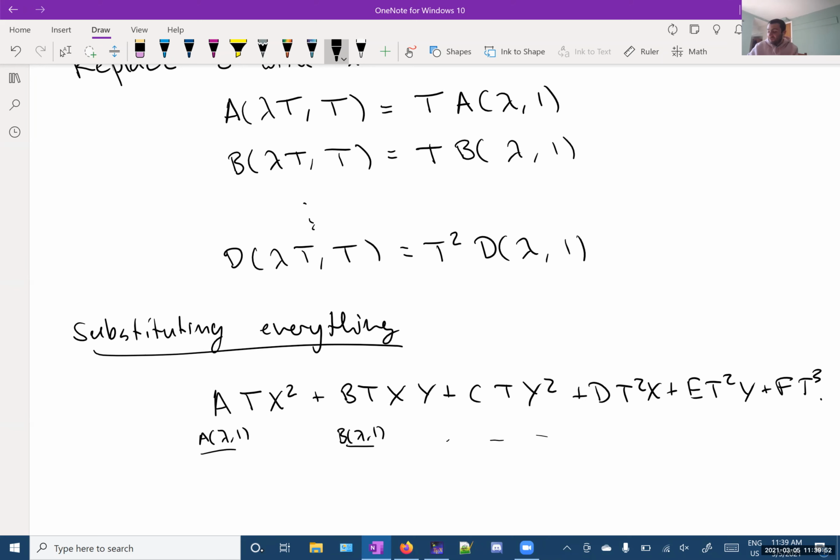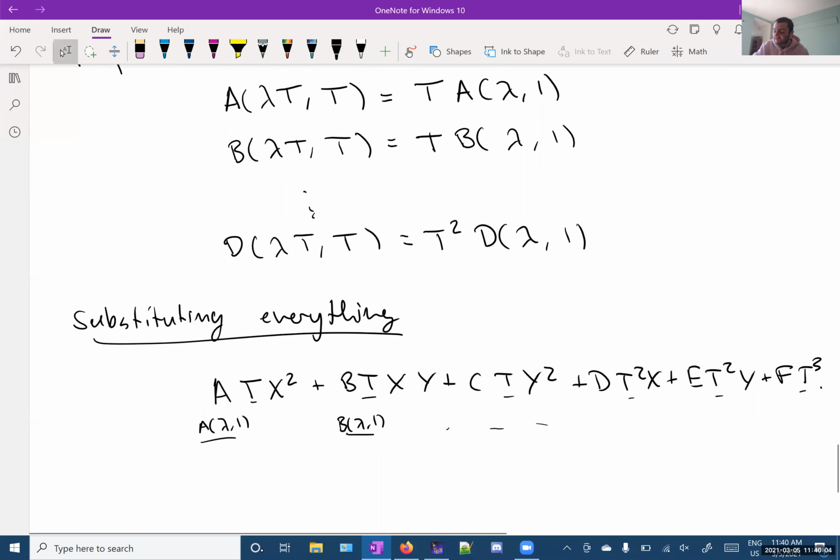Okay, this looks like the equation for the conic. We're close. The thing is that there's a t in every term, because this thing contains the line. The line is z equals t equals 0, but we've set z equal to lambda t, so when t equals 0, we're on the line.